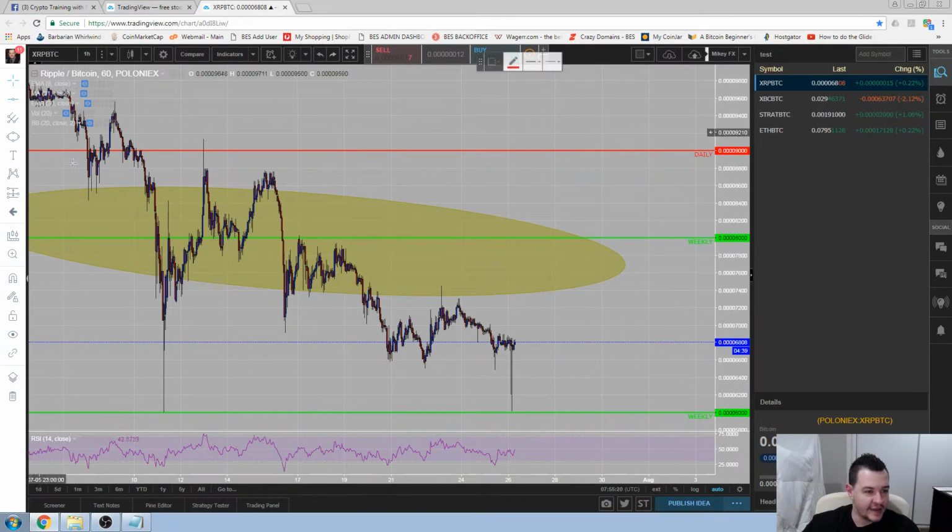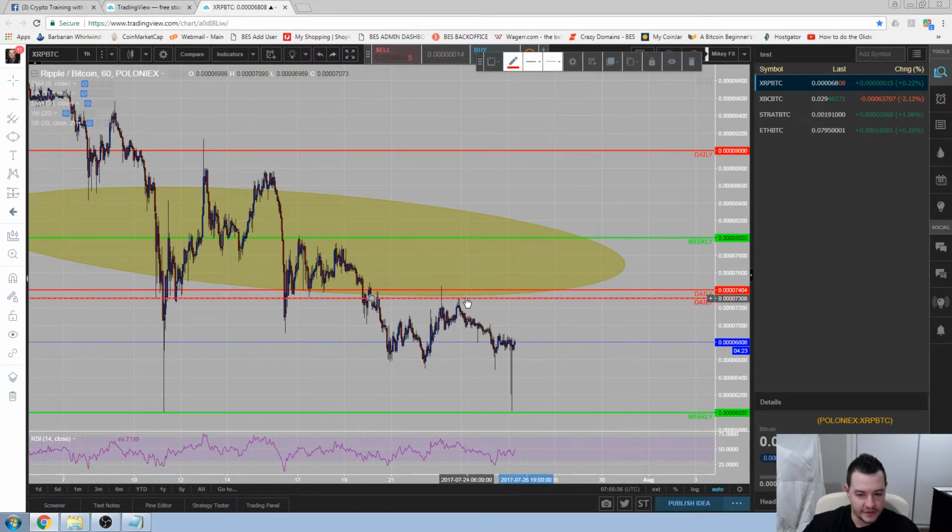So if I came down to my hourly time frame and I started doing support and resistance levels on the hourly time frame, I'd have one here. I'm going to have another one at this point here, from these touches over here. Okay, so you can see touch there, touches here, touch here, touches here at these points.